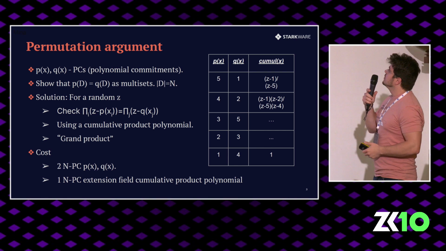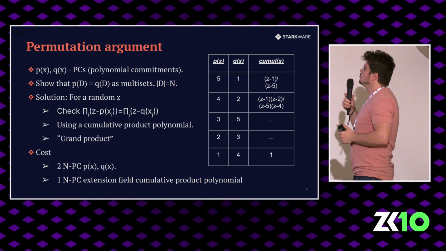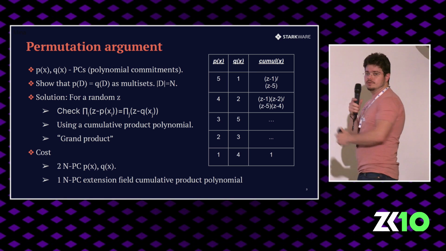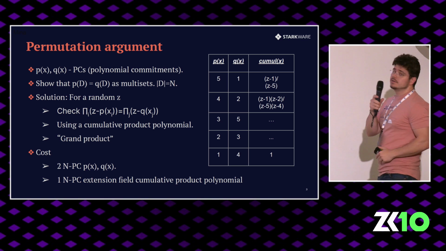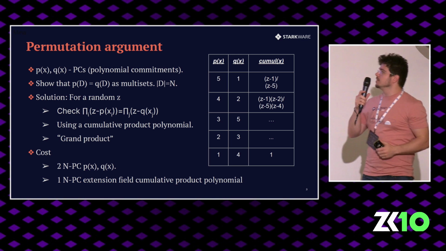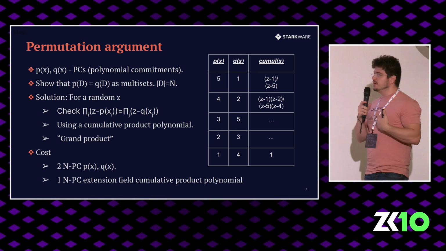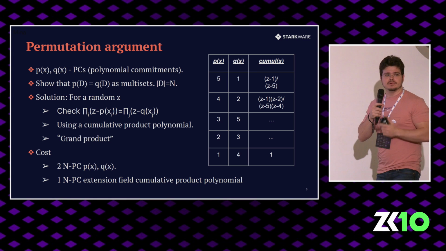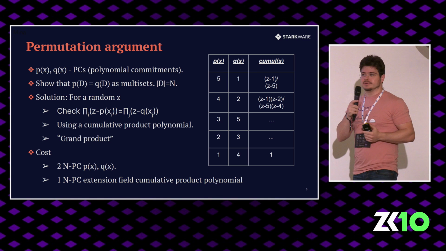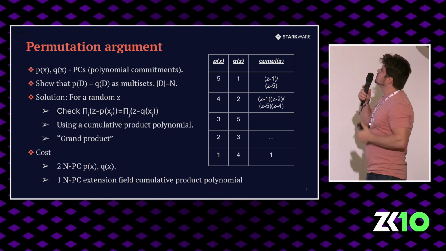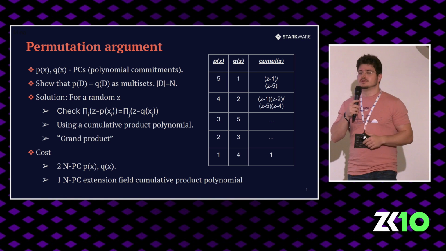And the cost of this proof is the cost of using two polynomial commitment schemes for P and Q for our input values, and one for the cumulative product column, which is an extension field polynomial, because if we're talking in the realm of small fields, P and Q can have a small field value, but the Z shift we have for the column needs to be from a large field.